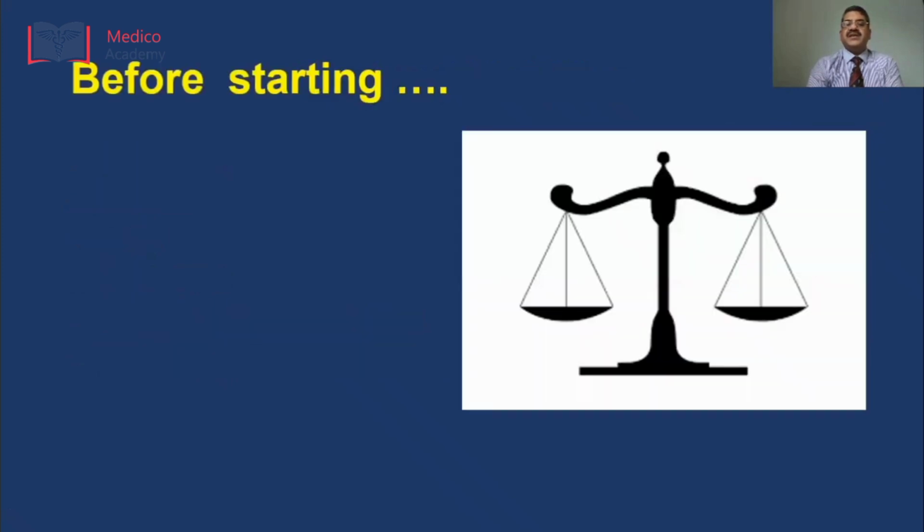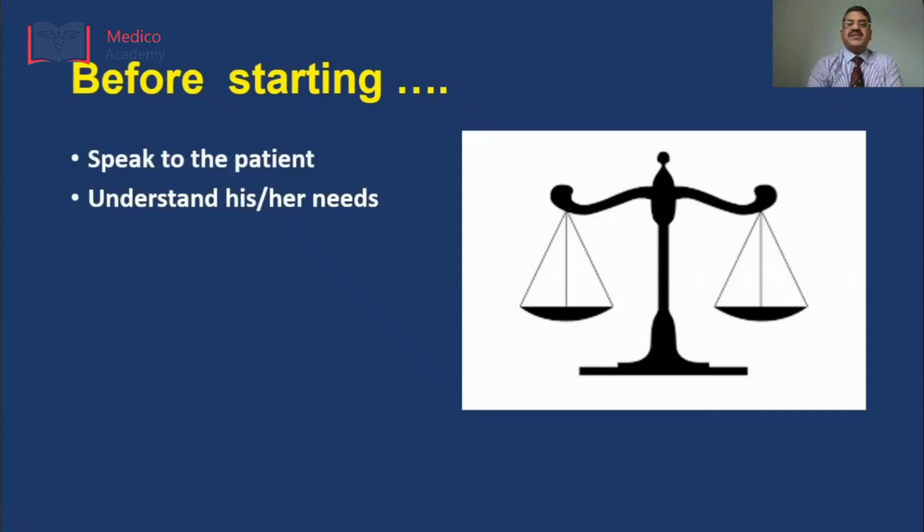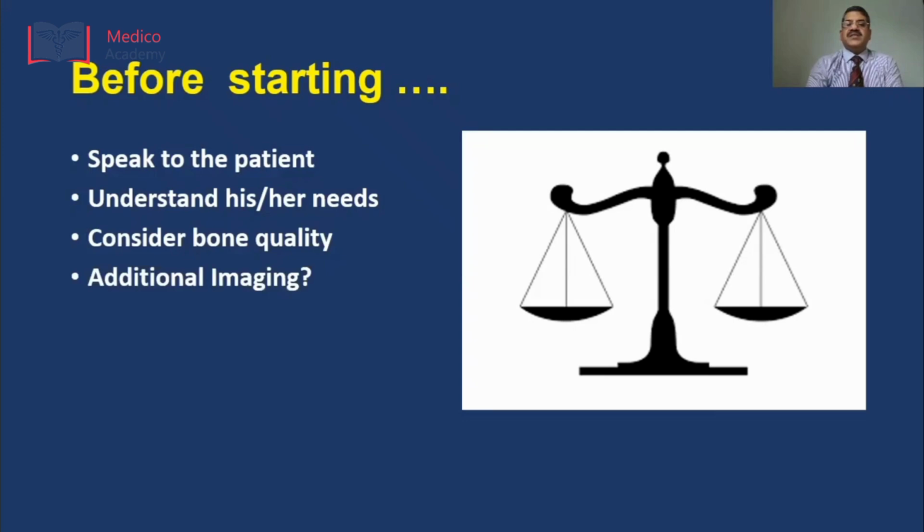Before starting, as a judge, you should be very impartial and should take the following parameters into account. Speak to the patient. Understand the patient's functional demand. Consider the bone quality. Decide whether any additional imaging like a CT scan is required.